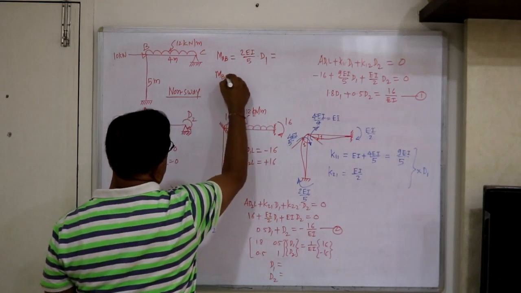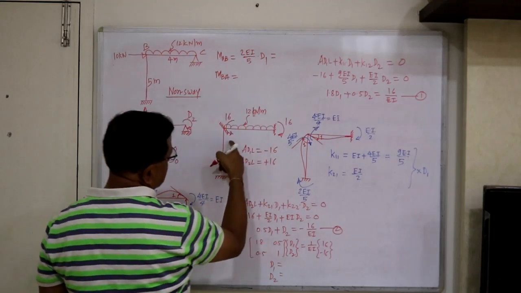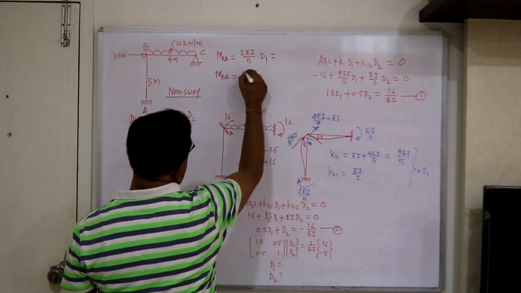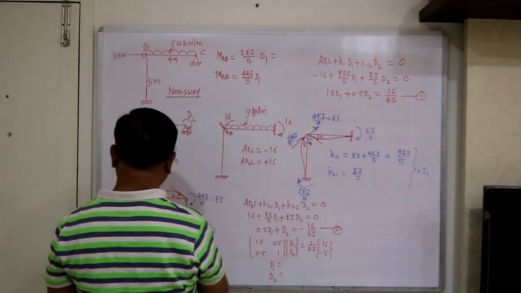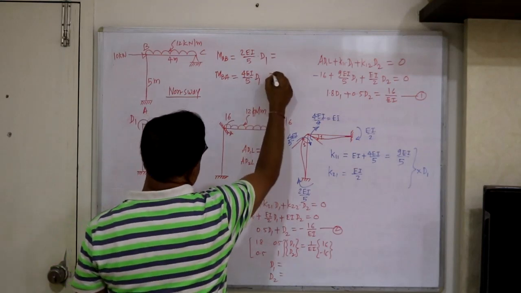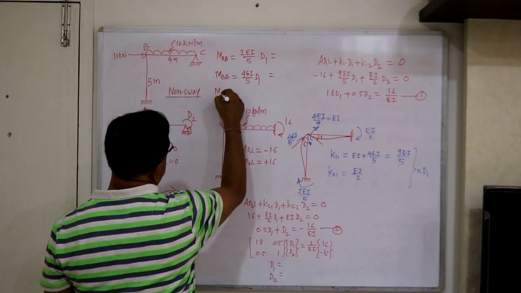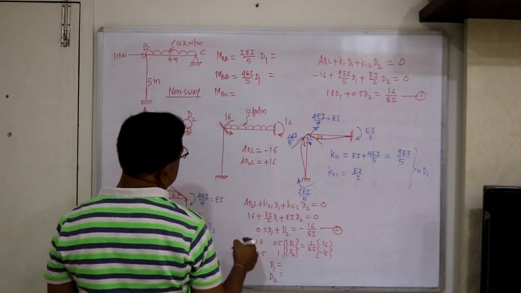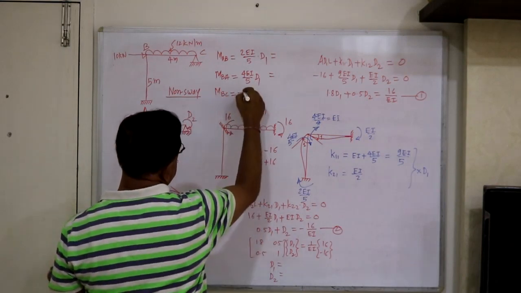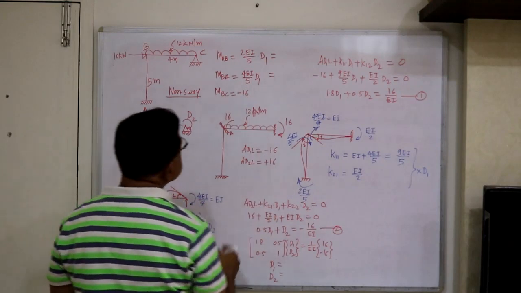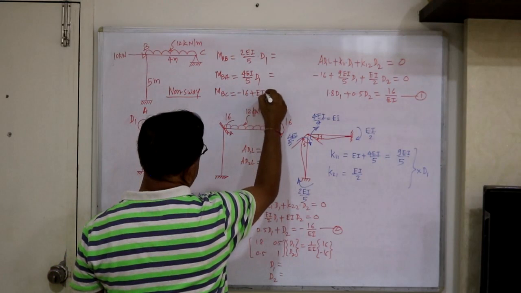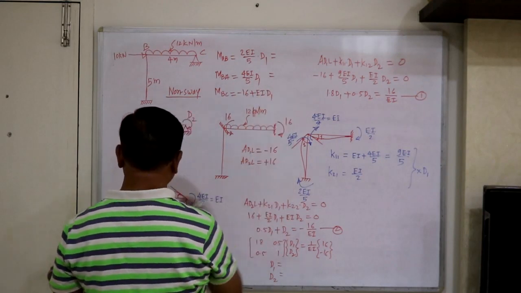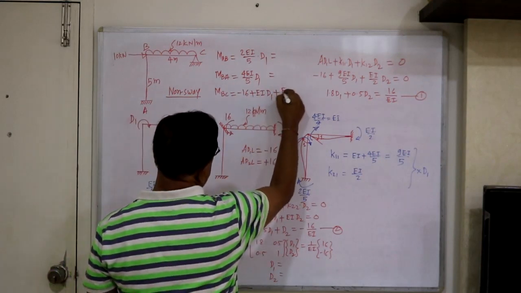MBA is equal to, again, this clockwise 4 EI by 5 D1, and this is MBA. Then MBC equal to minus 16, plus EI D1, and then plus EI by 2 D2.